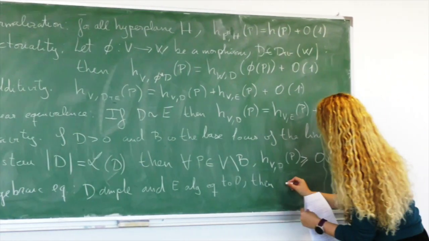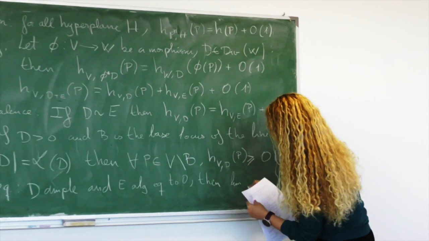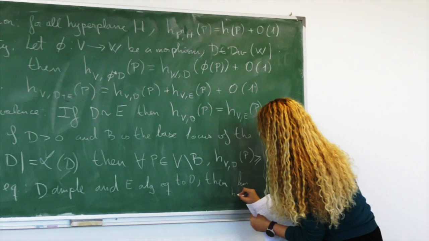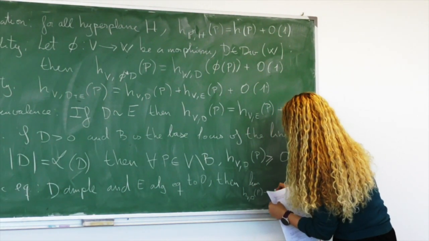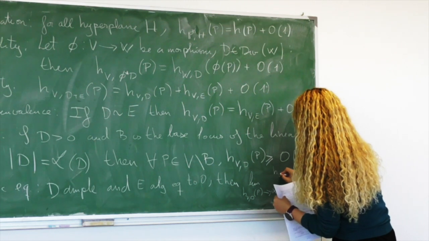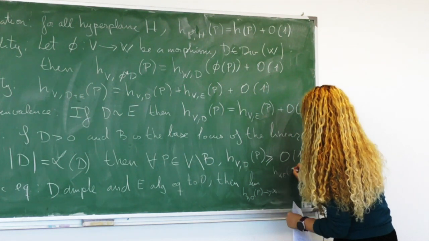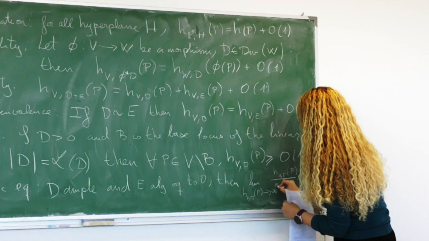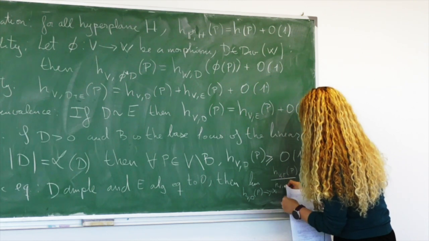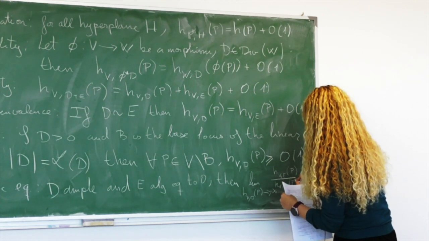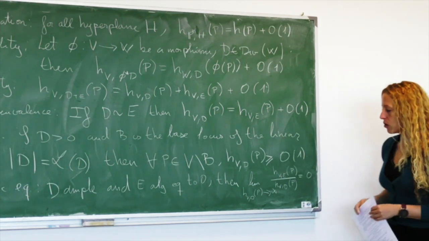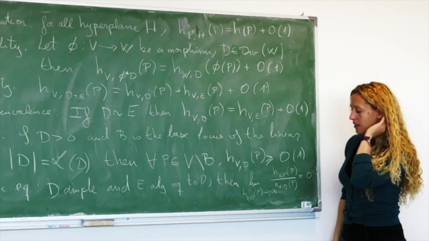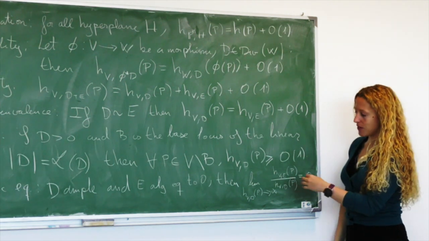Then we have that the limit, when the height of the point goes to infinity, of the quotient of the heights of the point with respect to the two divisors, is equal to 0. So how should this be interpreted?